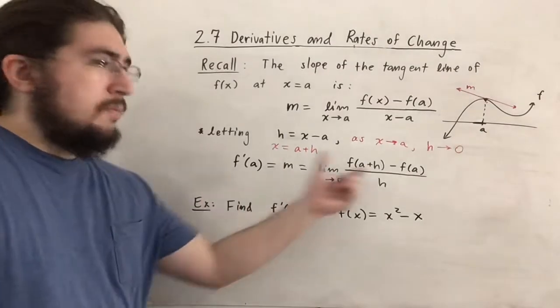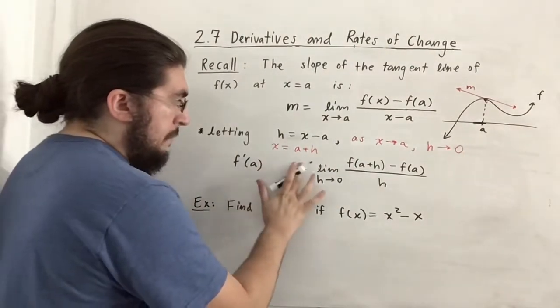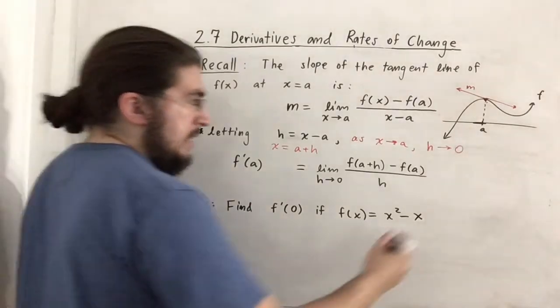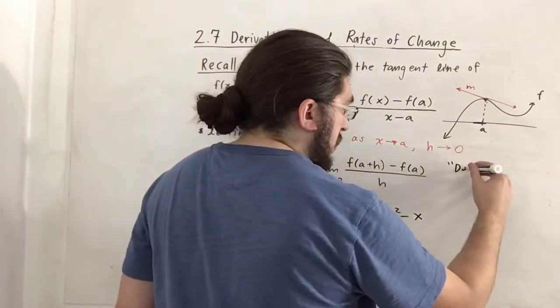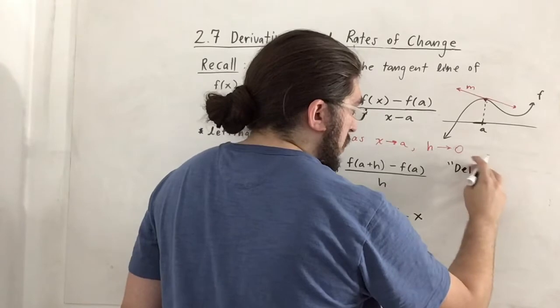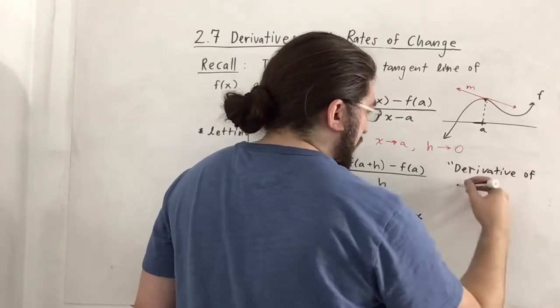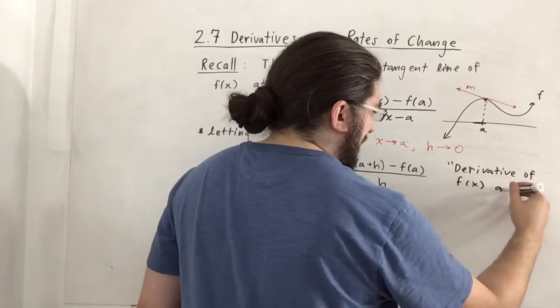So this expression here, so ignoring the m part, so now redefining this as f prime of a, is the derivative of f of x at x equals a.